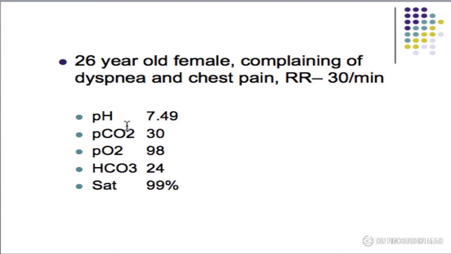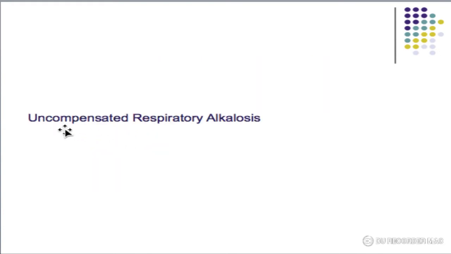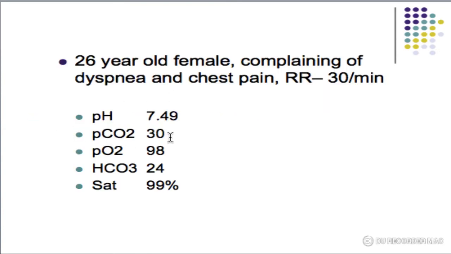Then your respiratory status, which is your PCO2, is 30. The normal value for PCO2 is 35 to 45. So it is lower. The median is 40, so 30 is below the median of the normal range. So PCO2 is considered opposite: when it is less than normal, it is considered alkalosis.